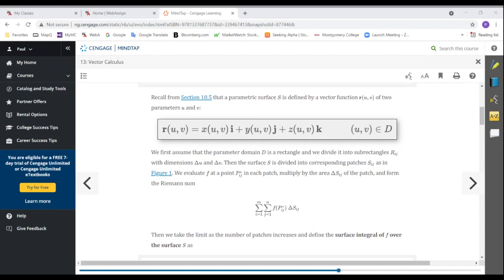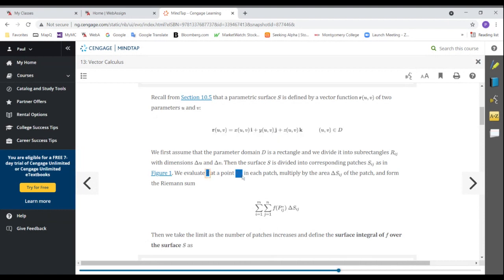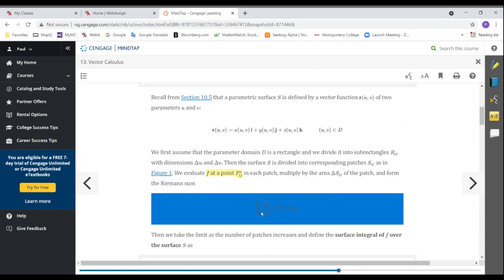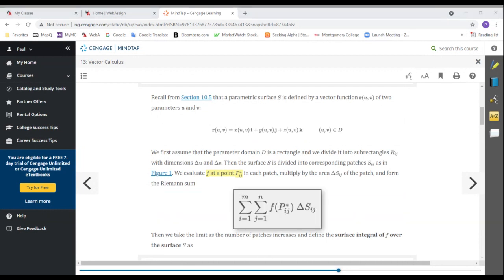And what we're going to do here is take a function of x, y, and z.